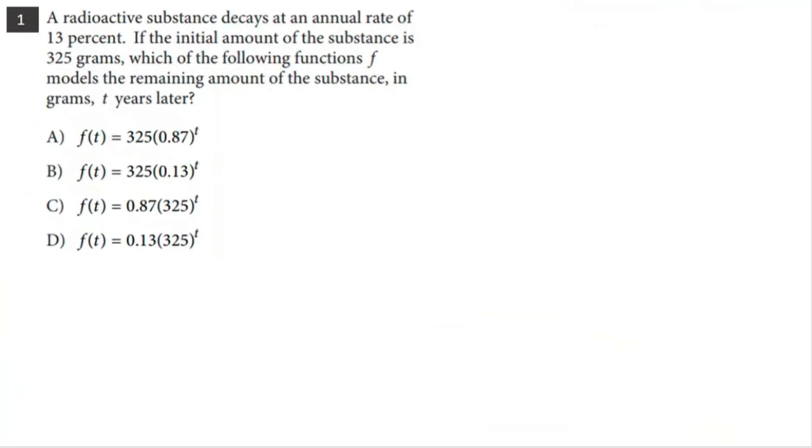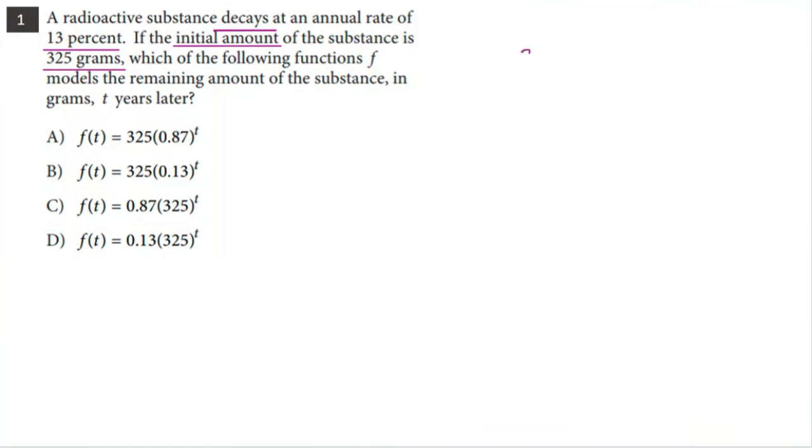Problem 1. A radioactive substance decays at an annual rate of 13%. Well, I know that this is an exponential loss. If the initial amount of the substance is 325 grams, which of the following functions f models the remaining amount of the substance in grams t years later? Each of the options represents an exponential function.